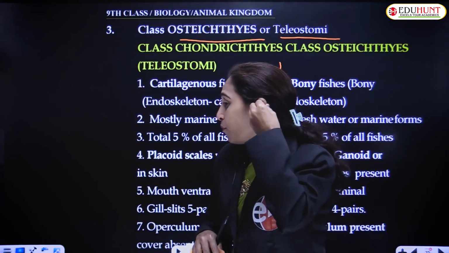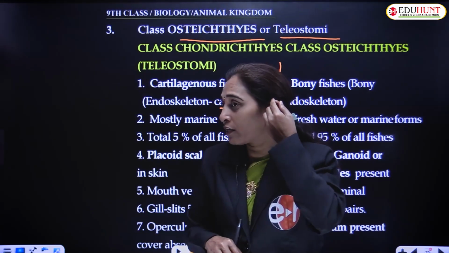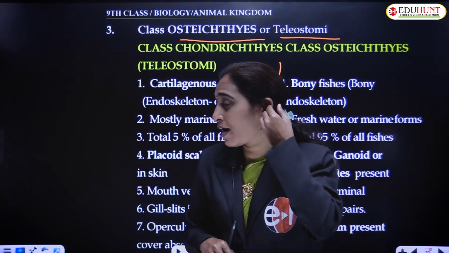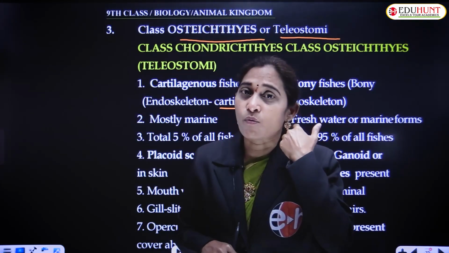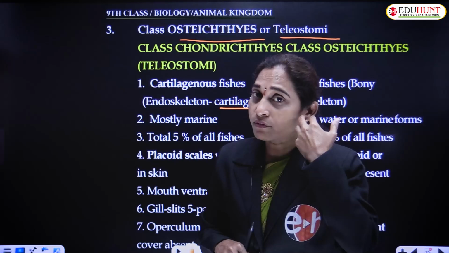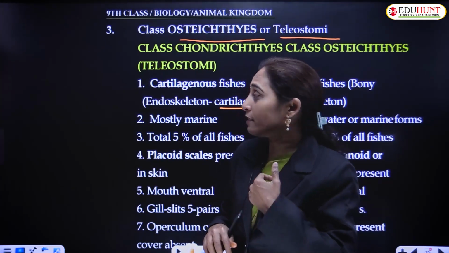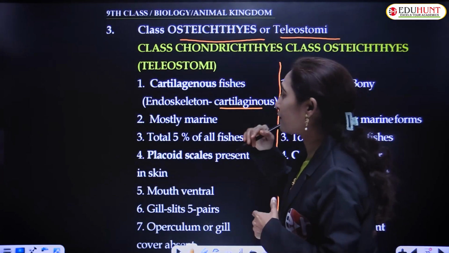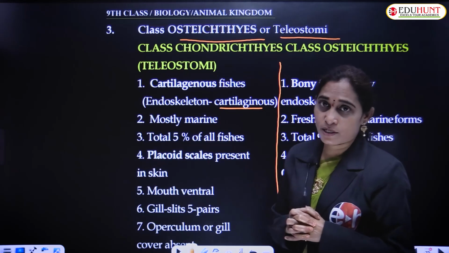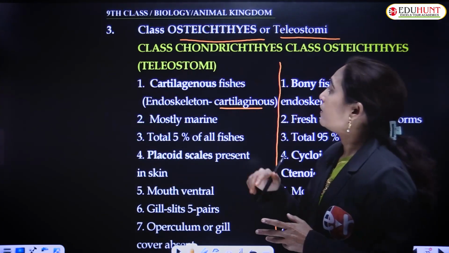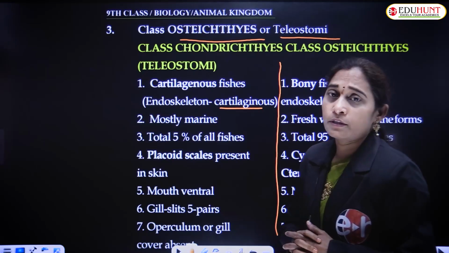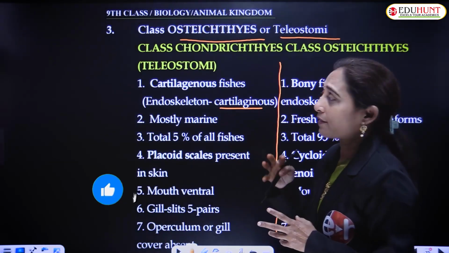The external ear is called pinna, and it is supported by a small soft bone called cartilage. In the same way, cartilaginous endoskeleton is present in cartilaginous fish, the class Chondrichthyes.